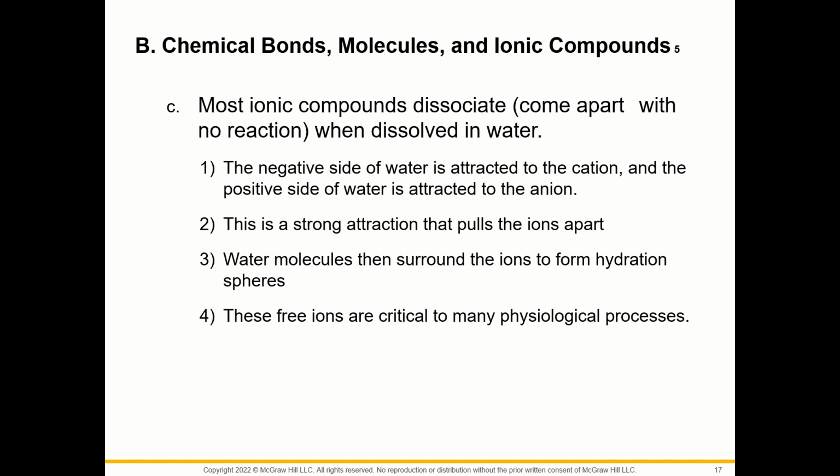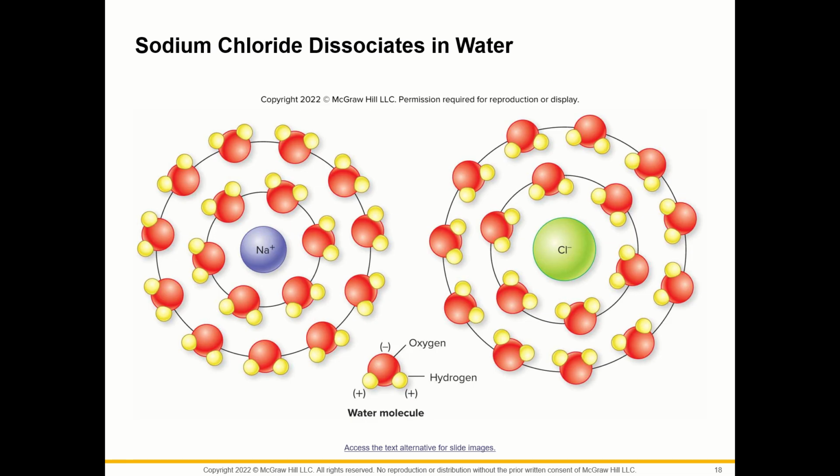In the case of sodium and chloride, we'll see that in the next illustration, figure 2.6, and you'll see these spheres of hydration surrounding the sodium and the chloride ions, pulling those ions apart. And so again, these free ions are critical to many physiological processes, and they're termed electrolytes.